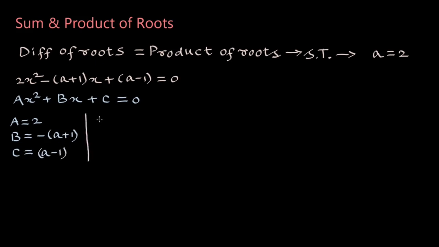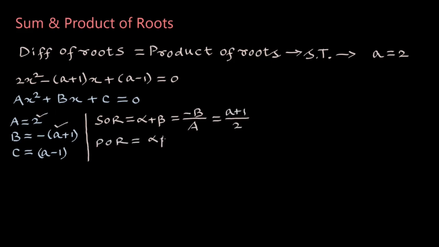We have the sum of roots alpha plus beta equals minus b upon a, which in this case will be this (a plus 1) upon this 2, and the product of roots alpha beta will be c upon a, that will be this (a minus 1) upon 2.